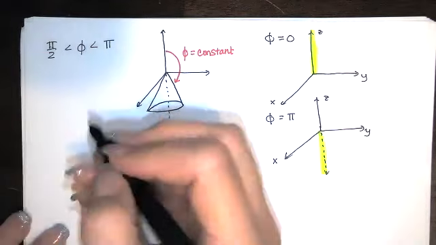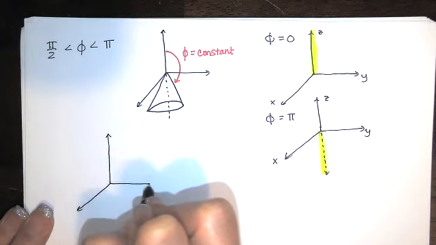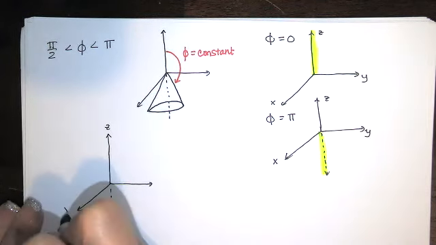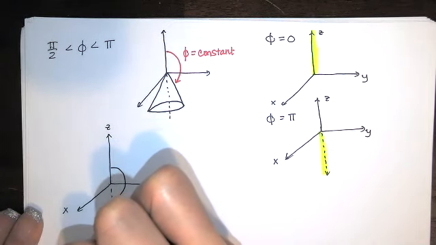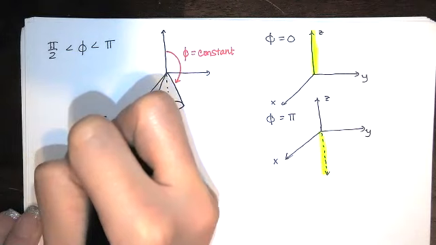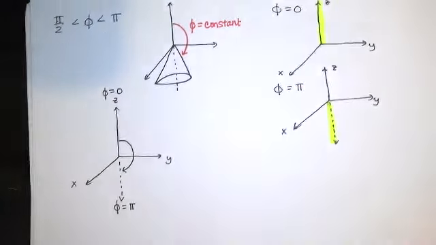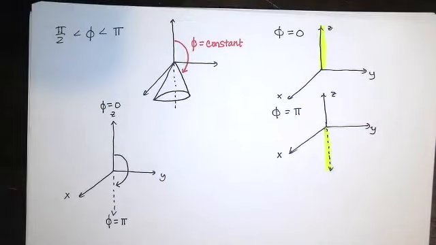So the possible range of phi values, these are angles made with the positive z-axis, are 0 to pi. So this is phi equals 0 up here, and here's phi equals pi down here. Okay.